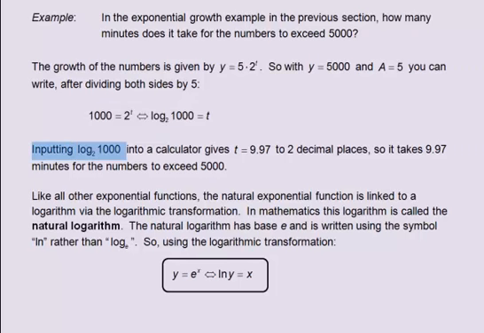Inputting log to the base 2 of 1,000 into a calculator gives t equals 9.97 to 2 decimal places. So, it takes 9.97 minutes for the numbers to exceed 5,000.